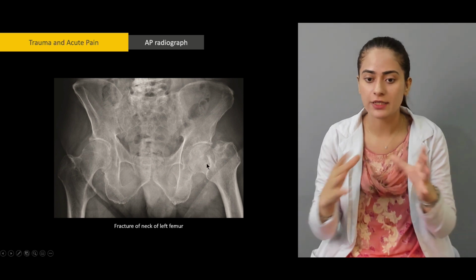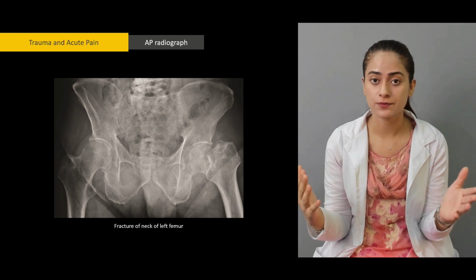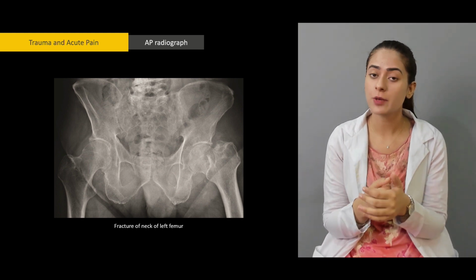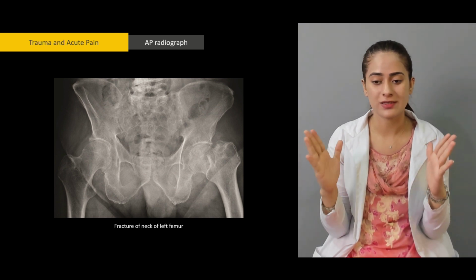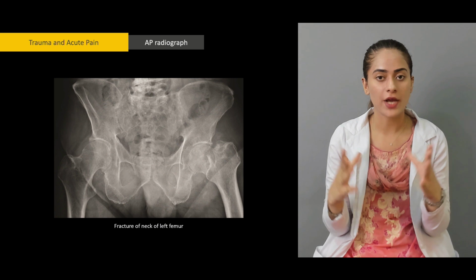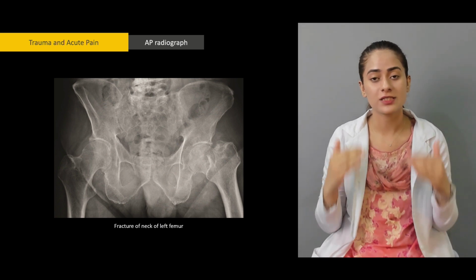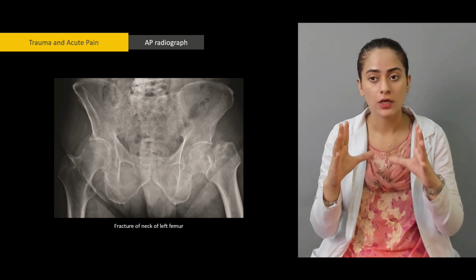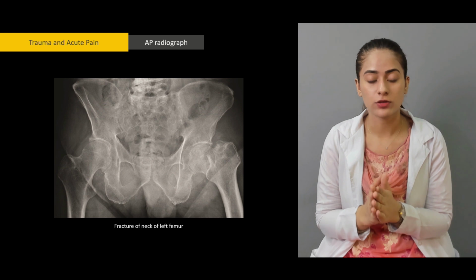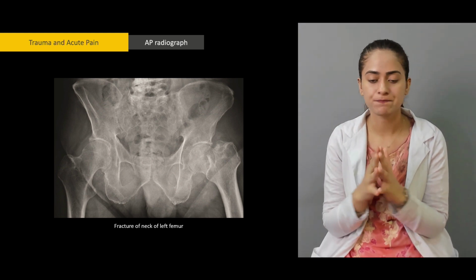Again, let's repeat. The female pelvis is wider and shorter. The male pelvis is taller and comparatively less wide. The sacral vertebral bodies are broad for males and not that broad for females.